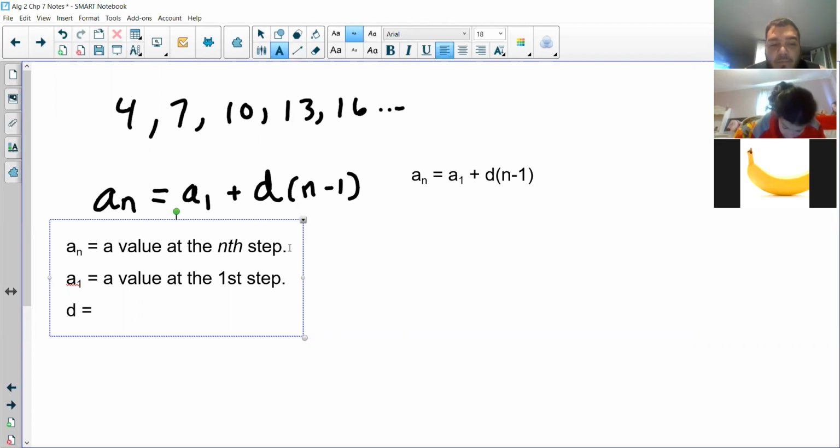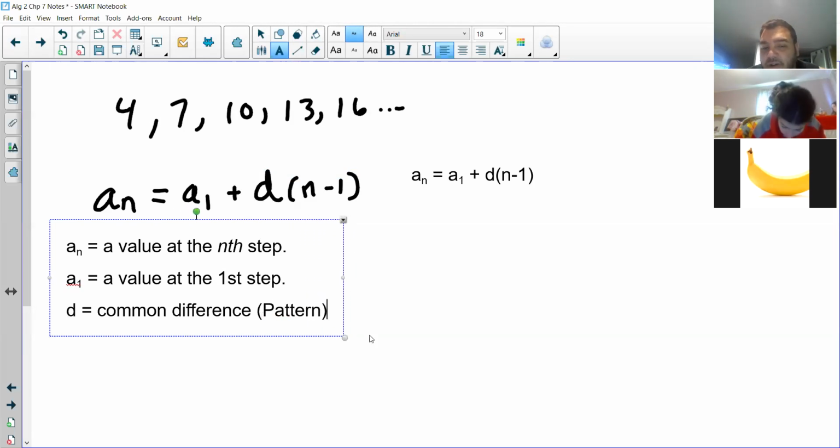Now d is pretty important. This is your common difference. And it's d for difference. What we've been referring to all this time is the pattern.